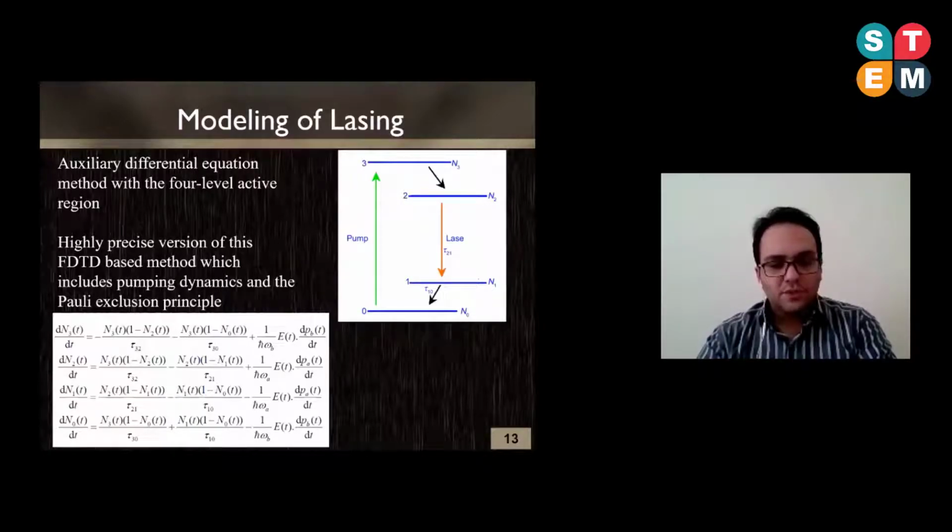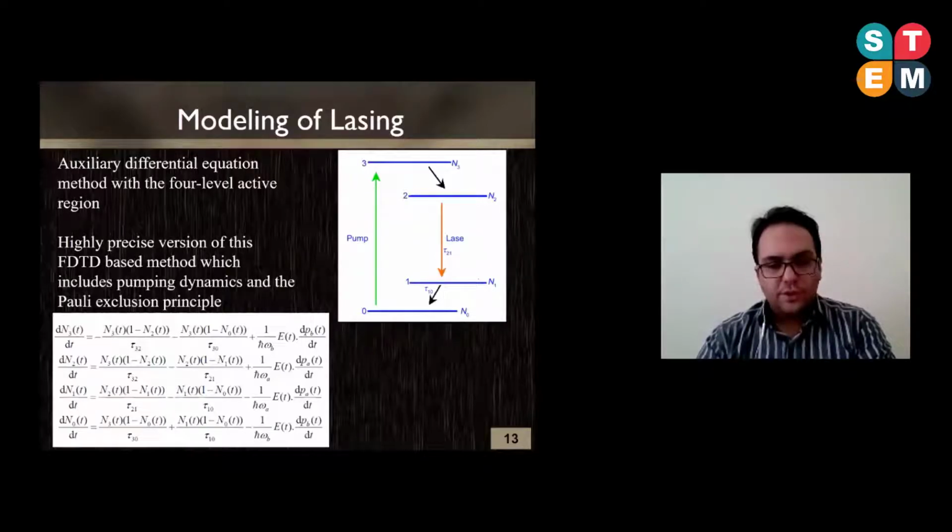Active region dispersion is modeled by coupling these rate equations together with the Maxwell equations via the proposed method.